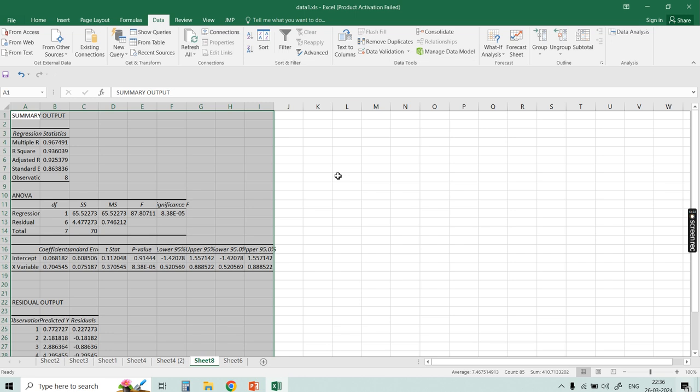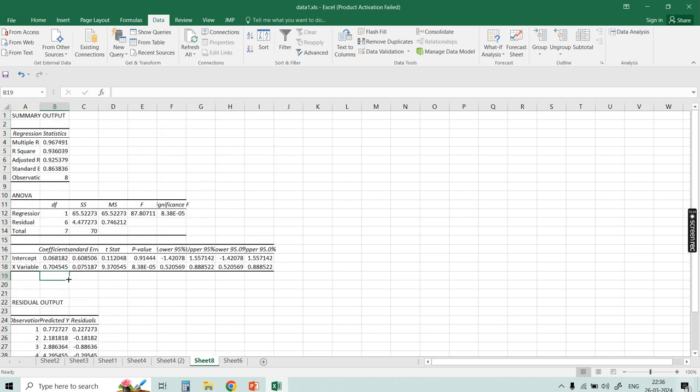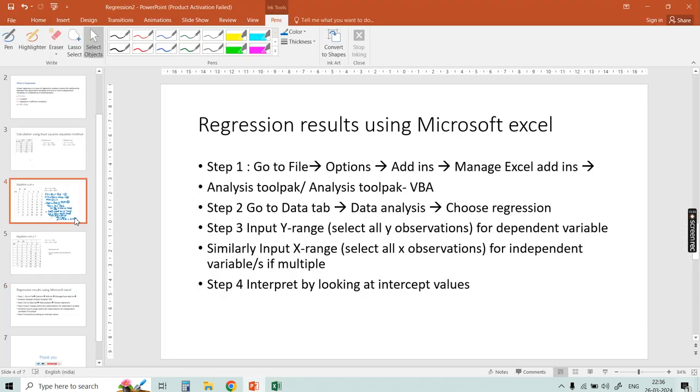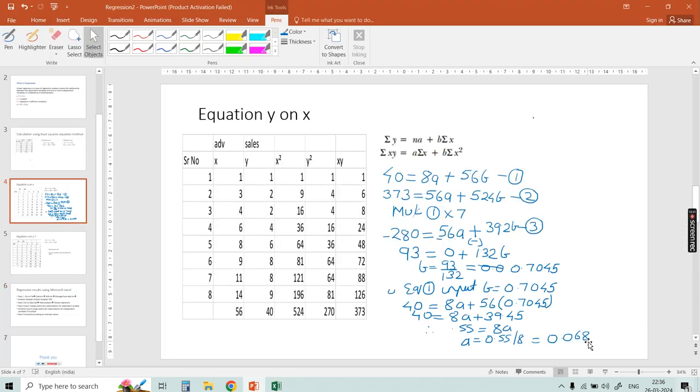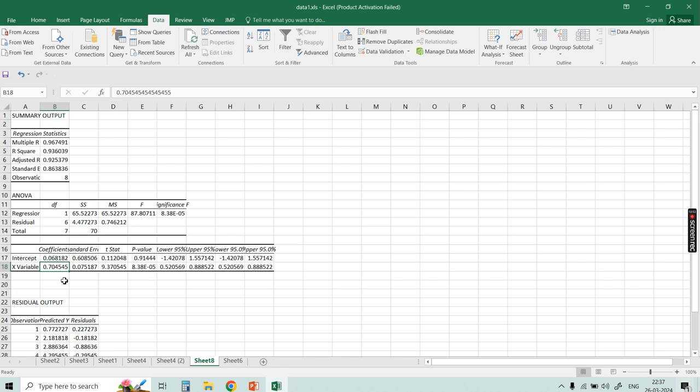Now, how do I interpret? You have to go to the coefficients. The first coefficient mentioned, 0.068, is your constant and 0.7045 is your beta coefficient. If you confirm in our equations, we got the same constant, that is 0.068, and our beta coefficient was 0.7045.